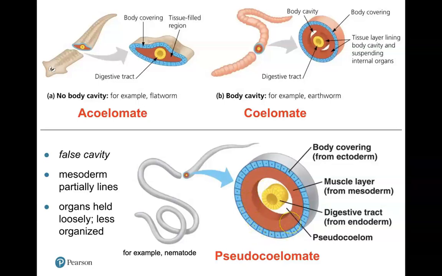In fact, the body cavity is in between the mesoderm, and it partially lines it, and the inner layer. Because organs are held loosely and they're less organized in these guys, what I'm trying to say is the body cavity is not located truly in the mesoderm. It's just kind of located between the two tissues. That is called a false body cavity, and these are pseudocoelomates.